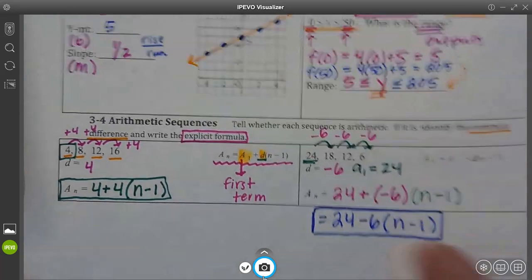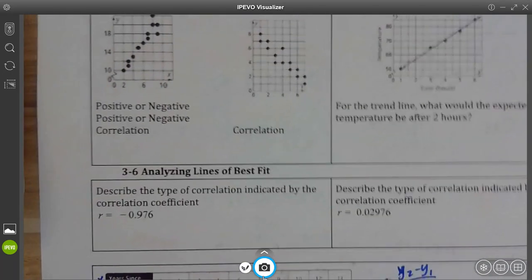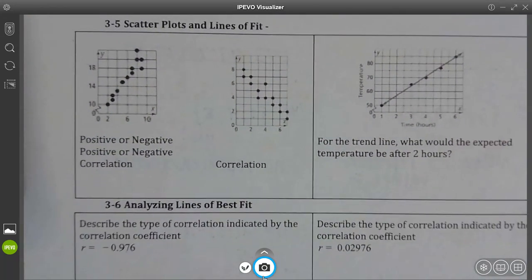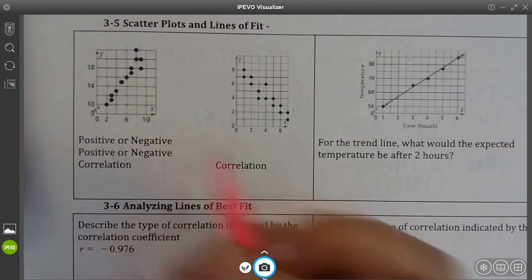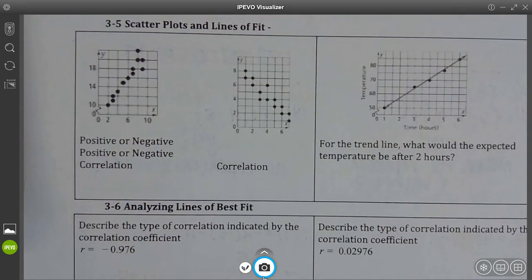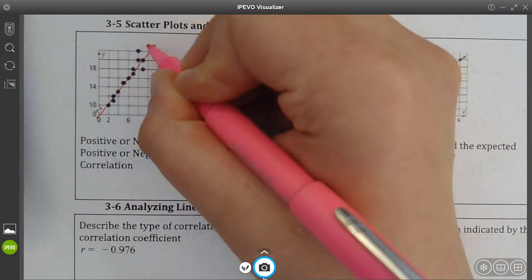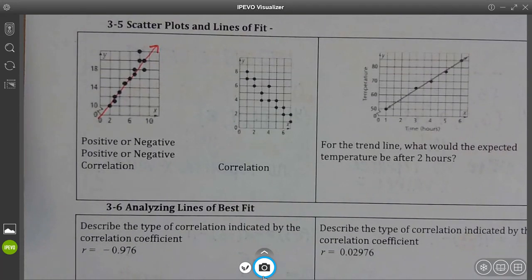If we flip our paper over, now we're going to go into some scatter plots and lines of best fit. The first thing we want to be able to do is classify our data, whether it has a positive, negative, or really no correlation. So that's going to be if I were to sketch a line that follows the trend of the data, is the slope of that line positive or negative?